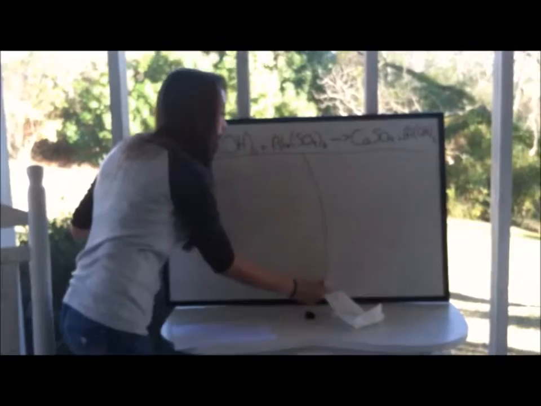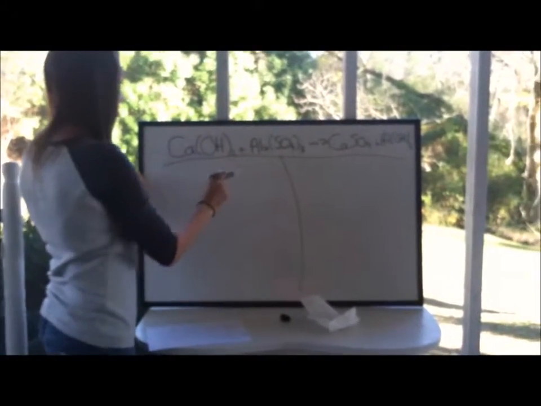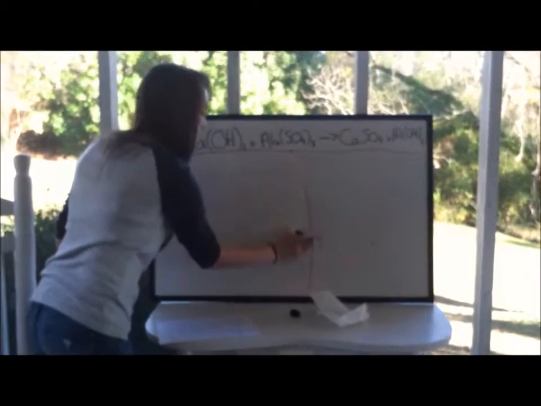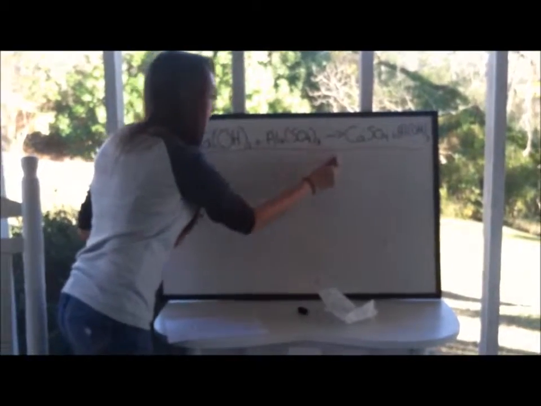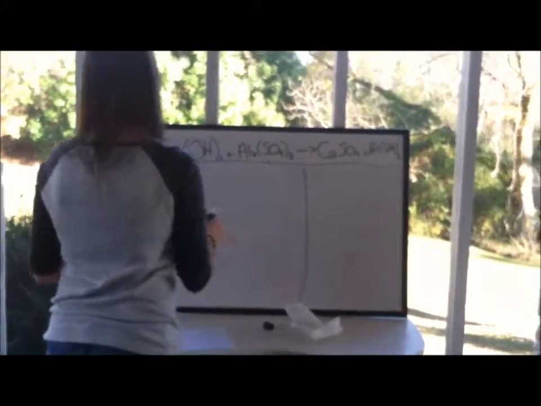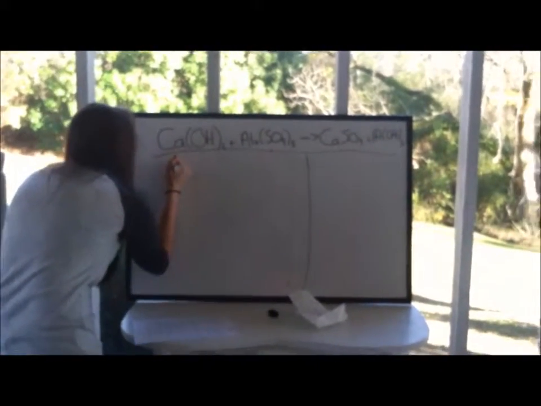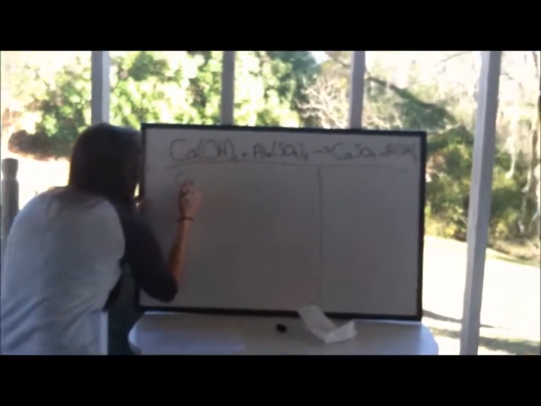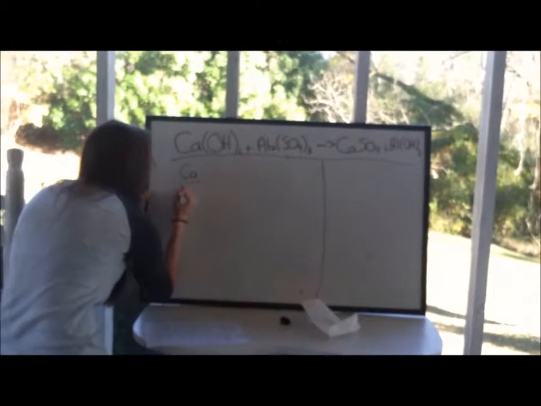You make a little table for each side of the equation, this side of the equation and this side of the equation. On this side of the equation, let's write all of the compounds that we have.